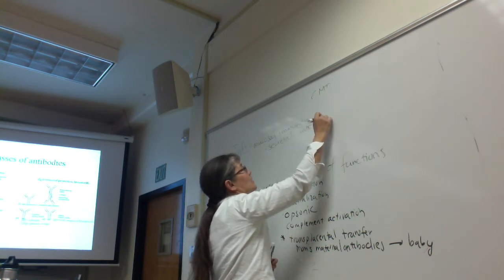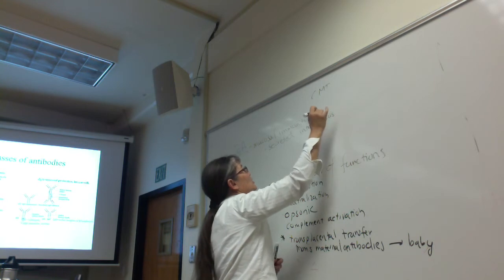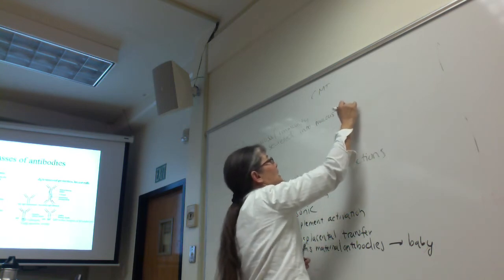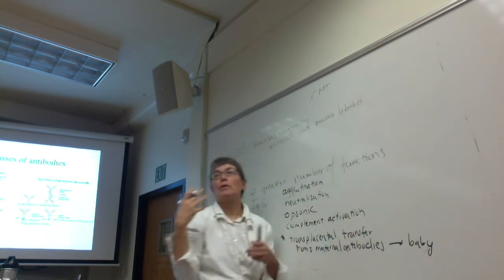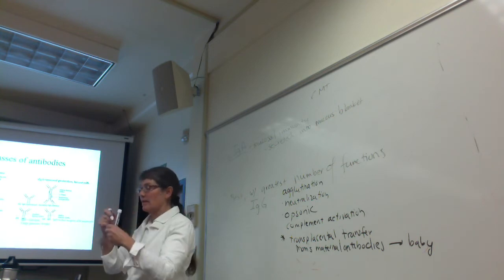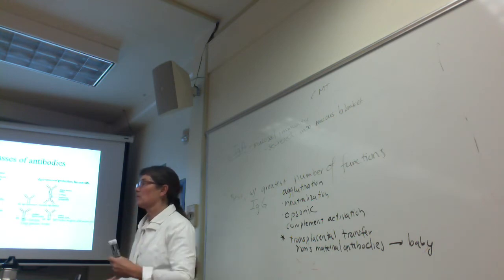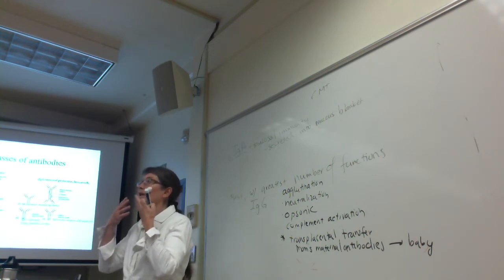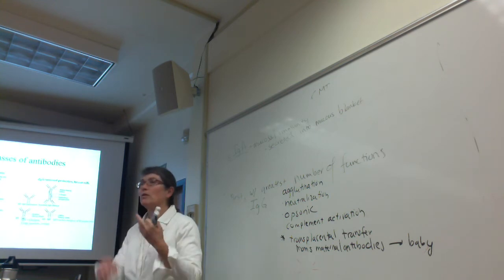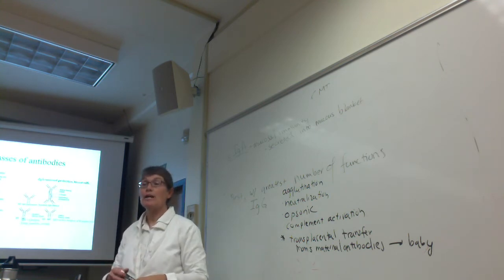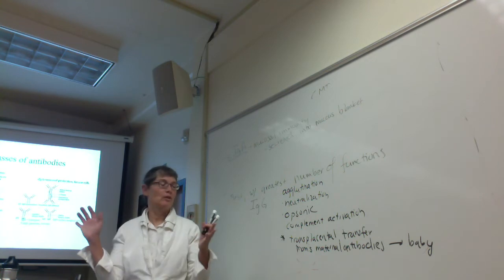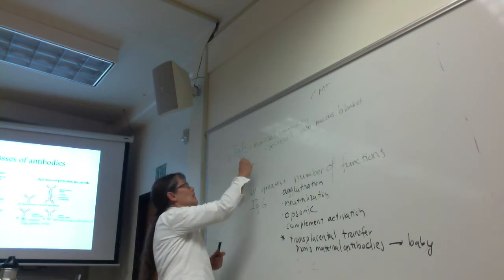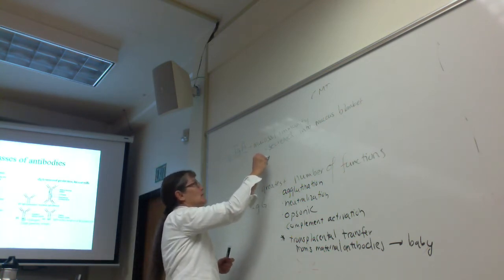And so it's going to be really rich in that mucus blanket that coats all of our mucous membranes: the conjunctiva, the mucous membrane of the respiratory tract, the gastrointestinal tract, the urinary tract, the genital tract, right? And what's so awesome about it is that it's a wonderful neutralizing antibody.